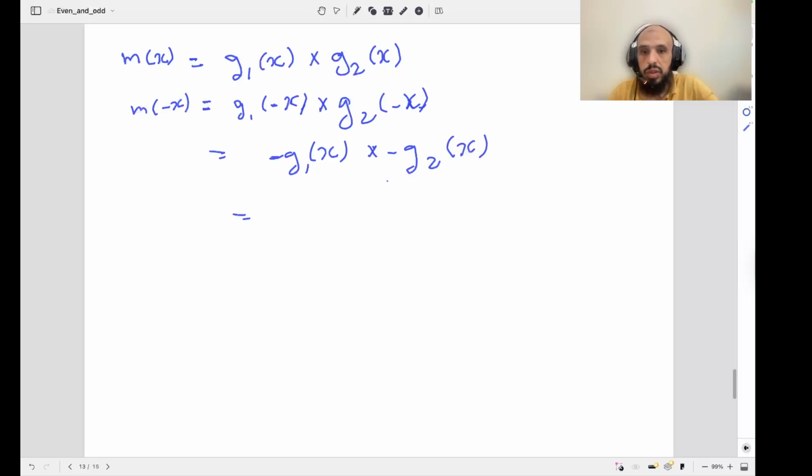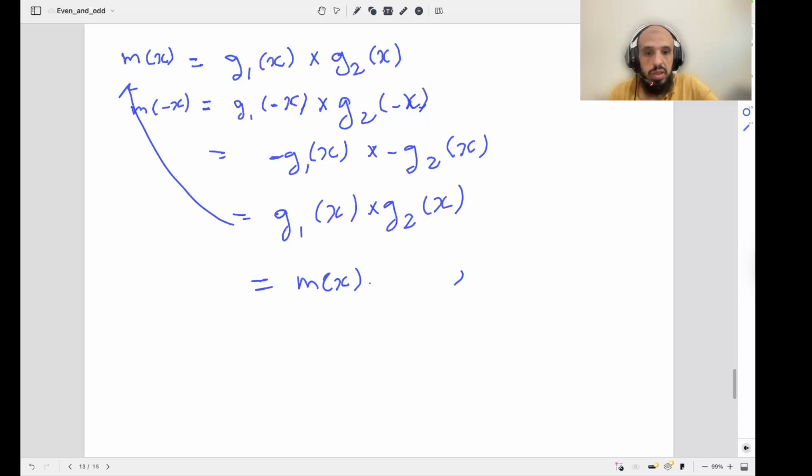The negatives will cancel out, so it's going to be equal to g1 of x multiplied by g2 of x, which returns us to the original function m of x. So this is an even function.